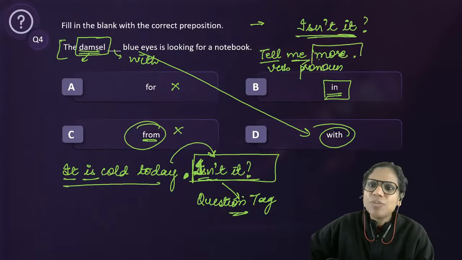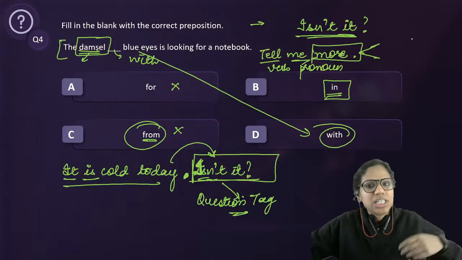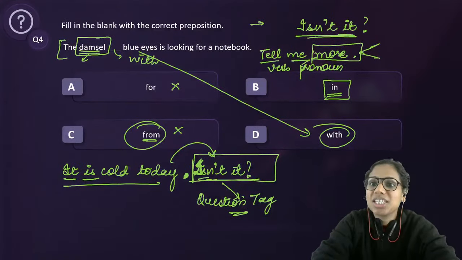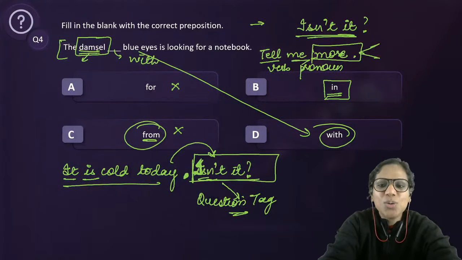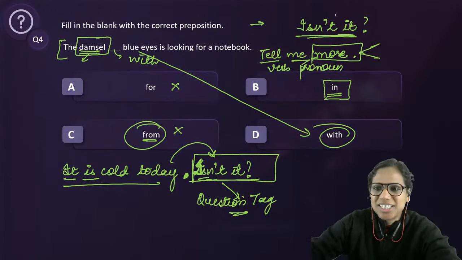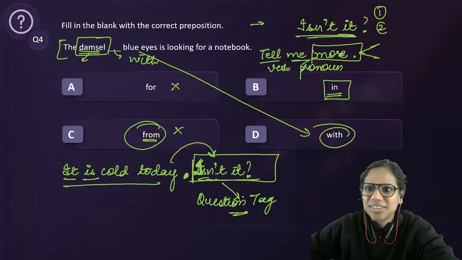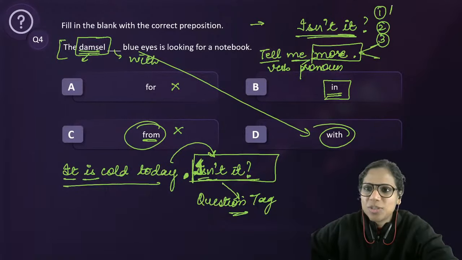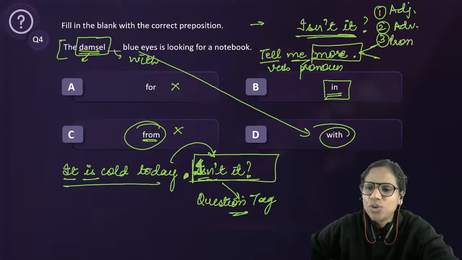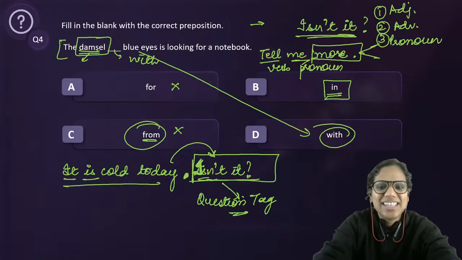Now, when I say more, am I using it as an adjective here? Am I using it as an adverb? Am I using it as a pronoun? Who will tell me? A good question. So, three options based on the possibilities: adjective, adverb, pronoun. What do you say?